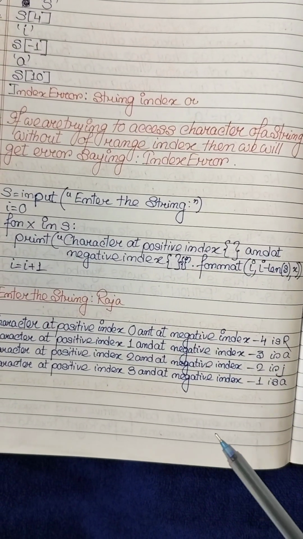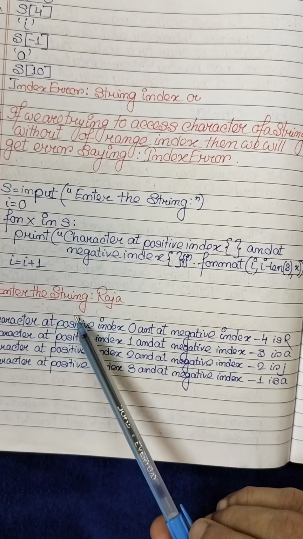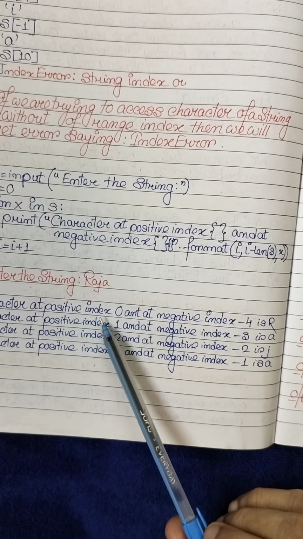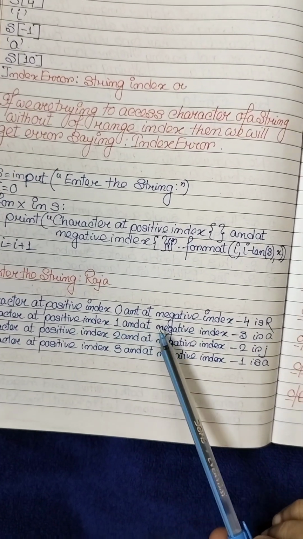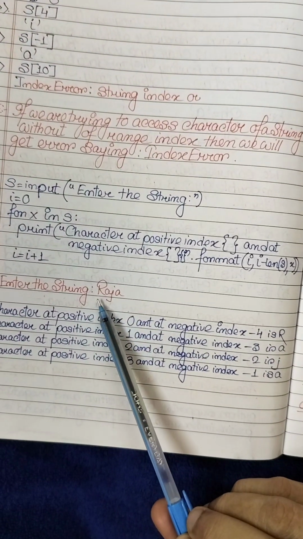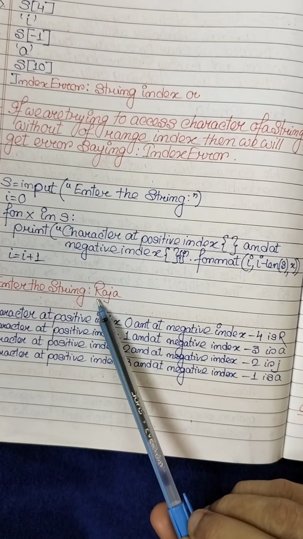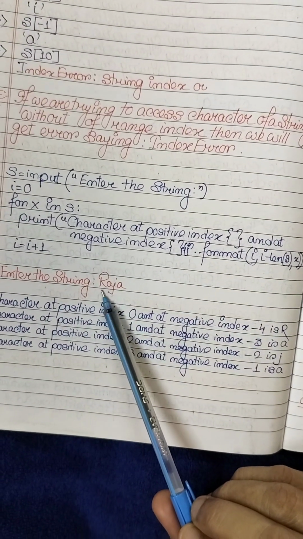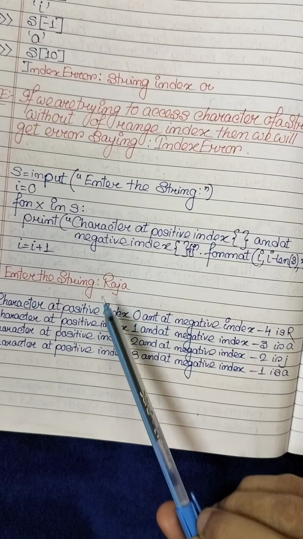Enter the string Raja. Character at positive index 0 and at negative index -4 is R. Counting from the forward direction R is at position 0, and from the backward direction the negative index will be -4.